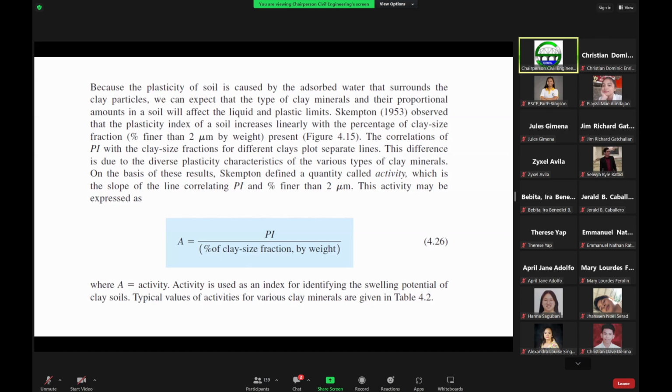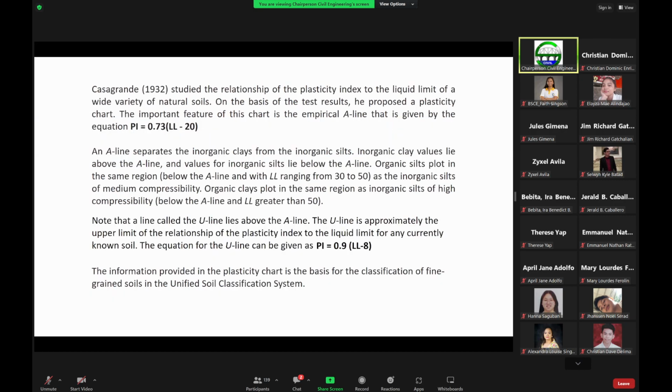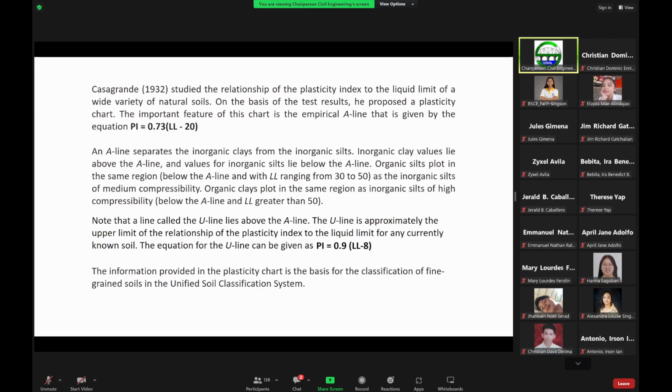Okay, so now let's talk a little bit about the plasticity chart, which will be used later in our next meeting. So Casagrande in 1932 studied the relationship of the plasticity index to the liquid limit of a wide variety of natural soils.